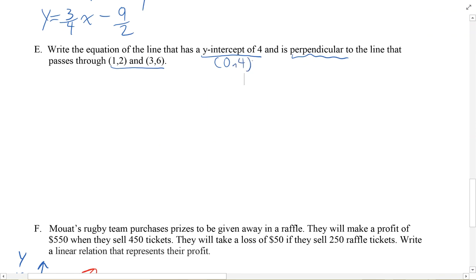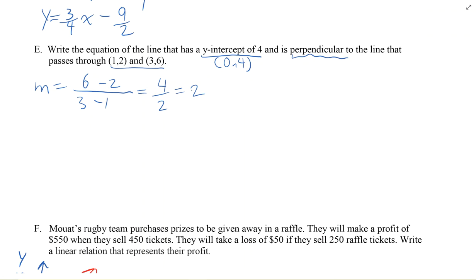Okay. Then it says perpendicular to a line that has these points. What can we find from those points? The slope. So find the slope here. I got a slope of 2. Did you guys get that?